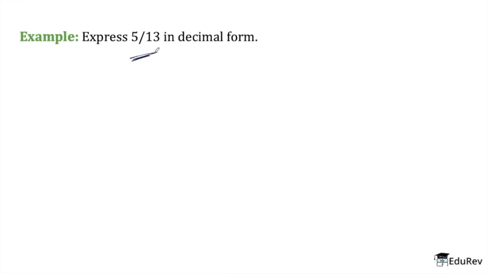Now this is also very, very simple if I need to do 5 by 13. So if I'm going to do a division and solve it, it's going to be 13, 5. So I'll just put a 0 point here so that there can be a 0 accommodating. So it can be 3 times 13, 39 and it will be 11.